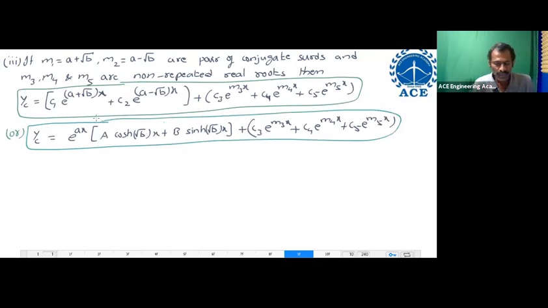Both are the same. Whenever the roots are a pair of conjugate surds, we can write the solution in terms of exponentials or in terms of hyperbolic functions. Any one we can write.